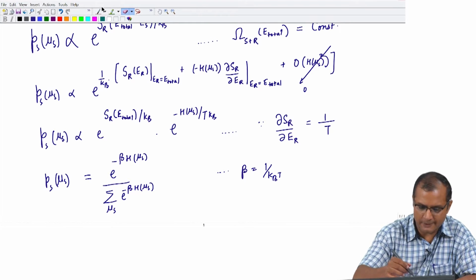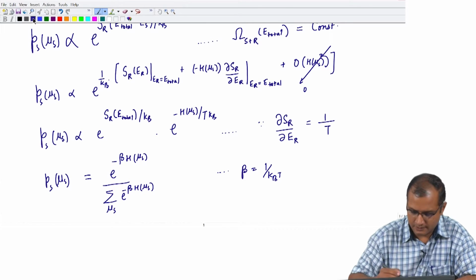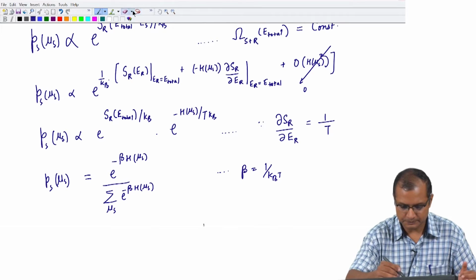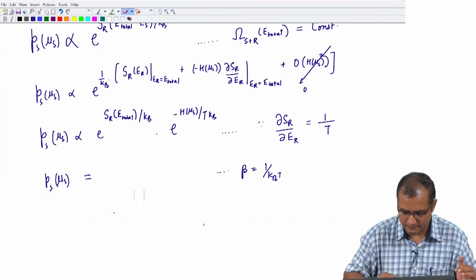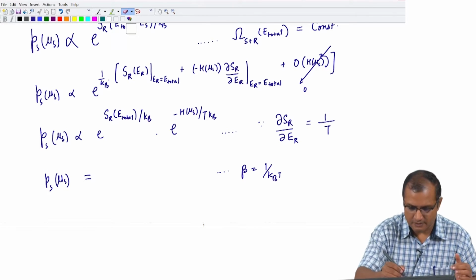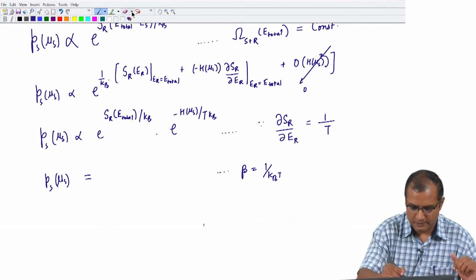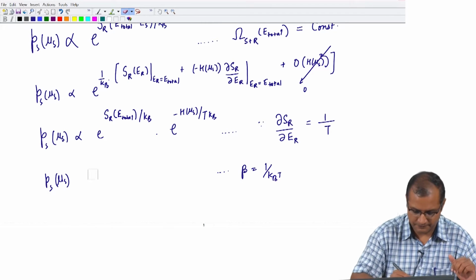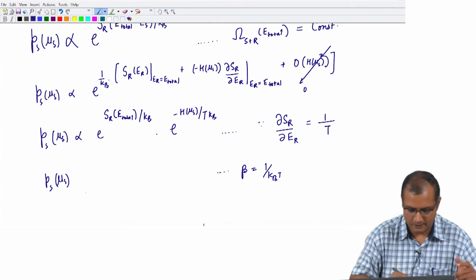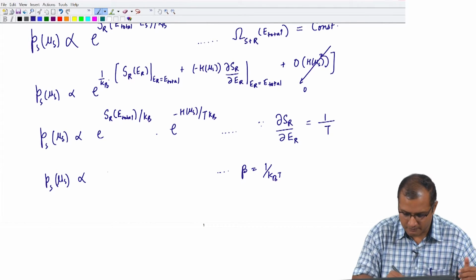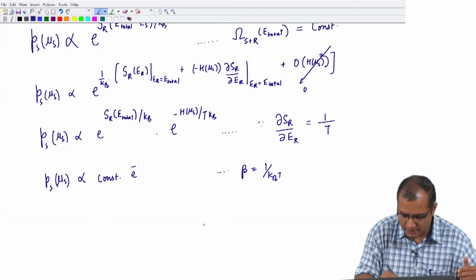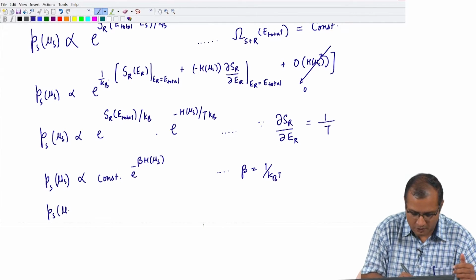I am just going to rub this off and simply write it as some constant into e raised to minus beta h mu s, and in the final step I am going to say that I have summed over all to normalize it.